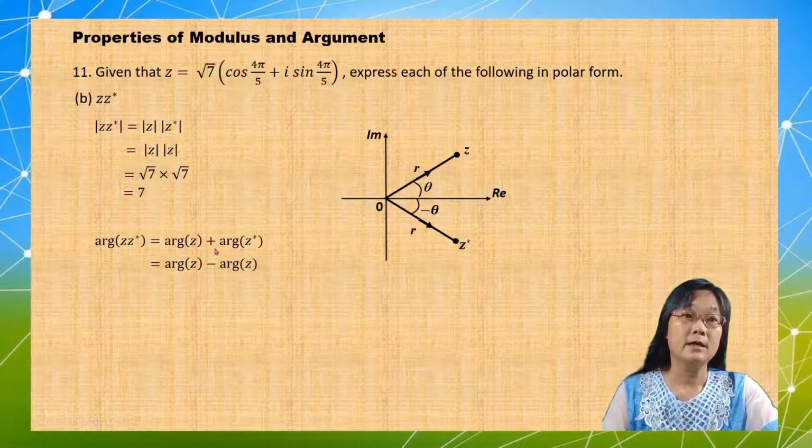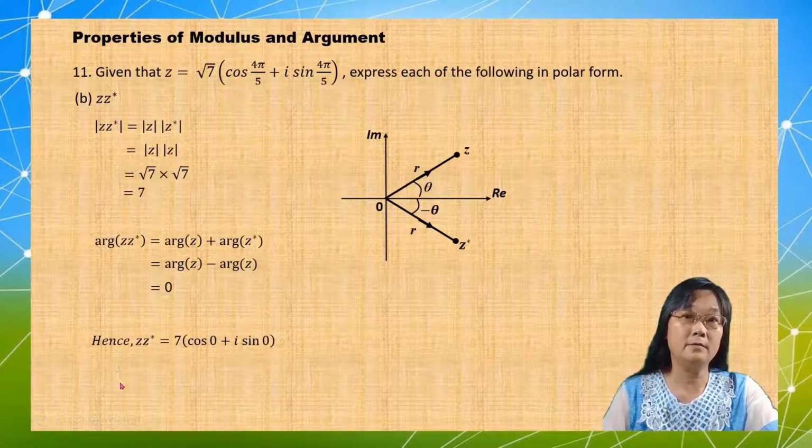So the argument of z minus the argument of z is equal to 0. Therefore, the polar form for this complex number is this one.